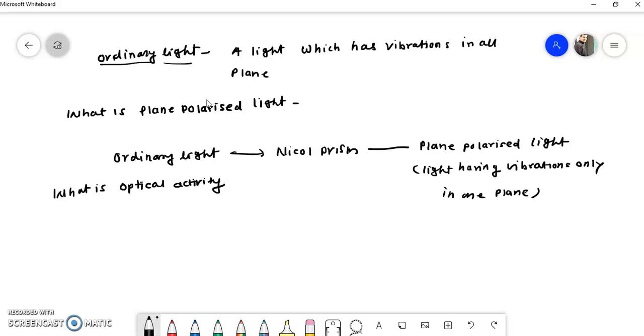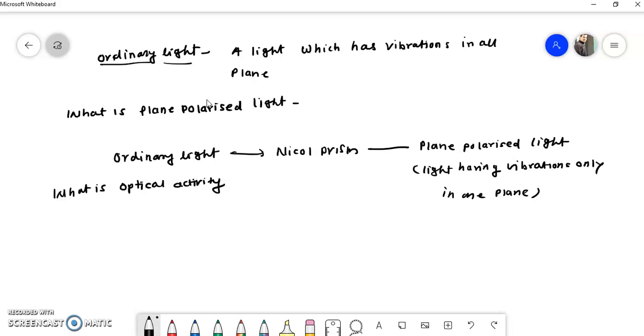So what is optical activity? Optical activity is the ability of a compound to rotate the plane of polarized light. If the compound is not able to rotate the plane of polarized light, then the compound is not optically active. For a compound to show optical isomerism, it must show optical activity.